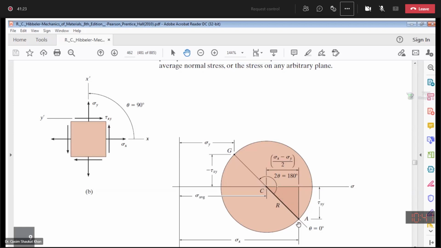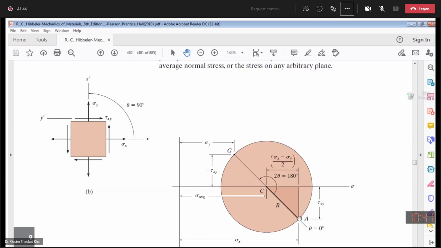Now next step, you have to mark the reference point A. Reference point A has the coordinates sigma x and tau xy.